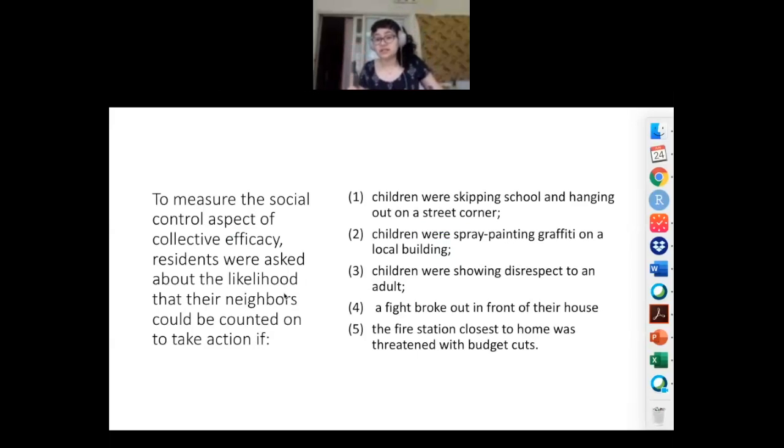Depending on these answers, an index score gets developed. There are likely yes/no binary outcomes, or maybe they put it on a Likert scale from very likely to extremely unlikely, with spaces in between. The scores get added up: the higher the scores, the higher the collective efficacy, and the lower the scores, the lower the collective efficacy.